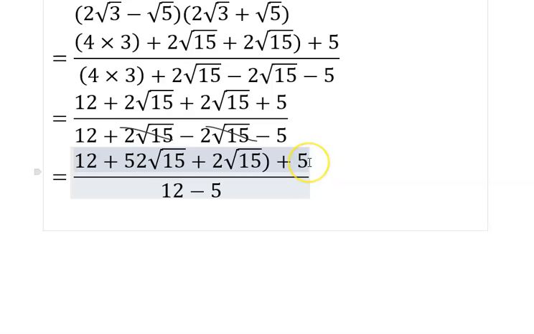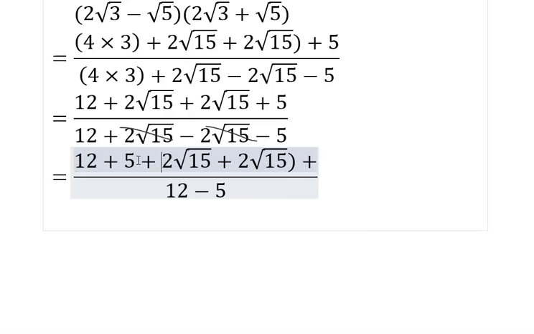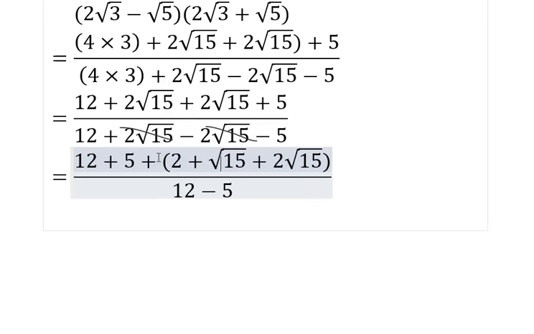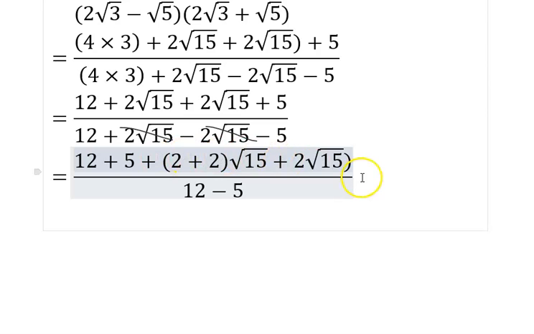Then plus 2 root 15, 2 root 15, that's what we have here. So we can add the two numbers together and take 1 root 15 like we've been doing. So we now have 2 plus 2 root 15. That means we have combined the two together.